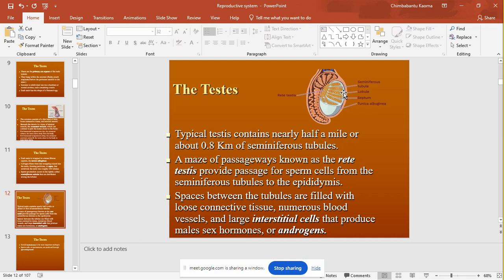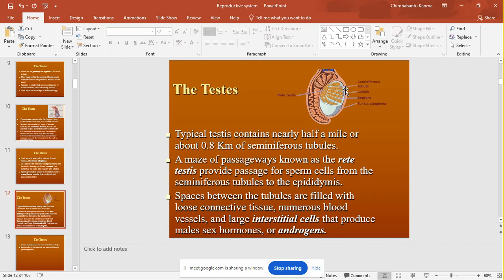You can see these partitions in blue, and you've got these yellow coiled tubes or tubules in these partitions or lobules, which should represent the seminiferous tubules.